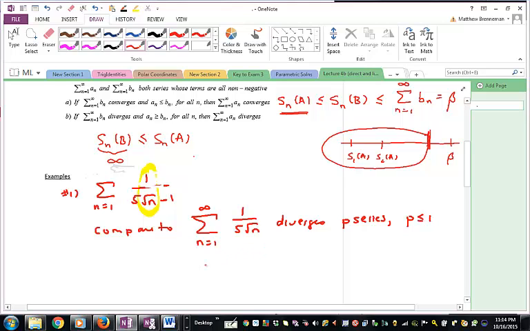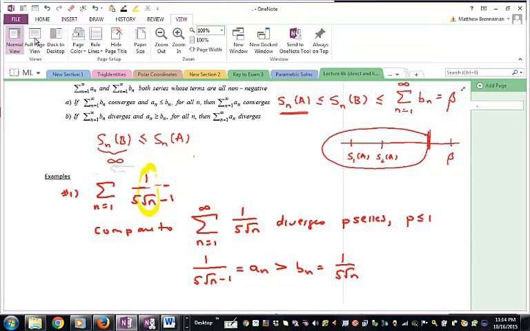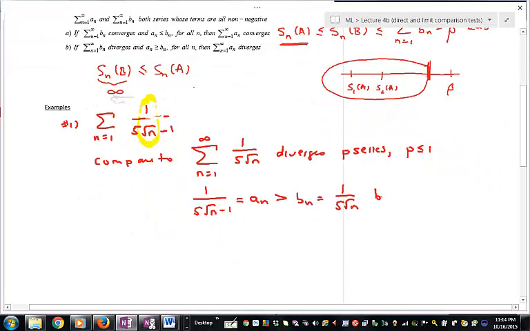And if we compare the series terms, we notice now that 5 times the square root of n minus 1, this is our an here, right? This is greater than bn. So by the direct comparison test, we know that this series diverges.